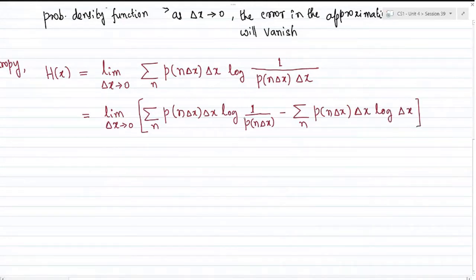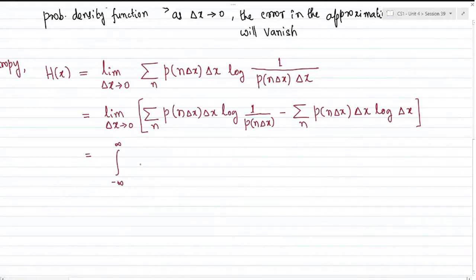Okay, I've just replaced log of 1 over ab as log of 1 over a minus log b, which is equivalent to the previous part. So now, plugging limit as delta x tends to 0 inside the summation, for a small quantity and for a large n, I can replace this summation with an integration for a continuous data.